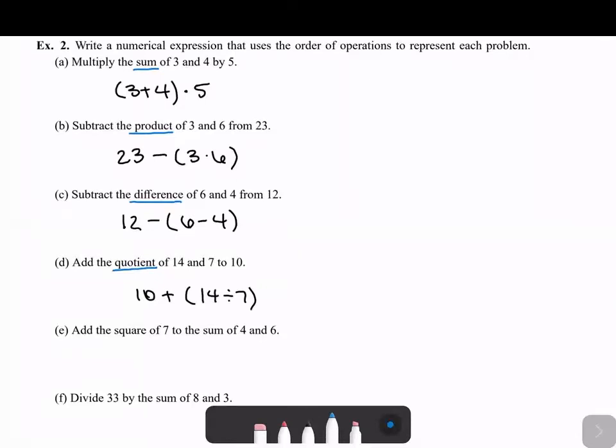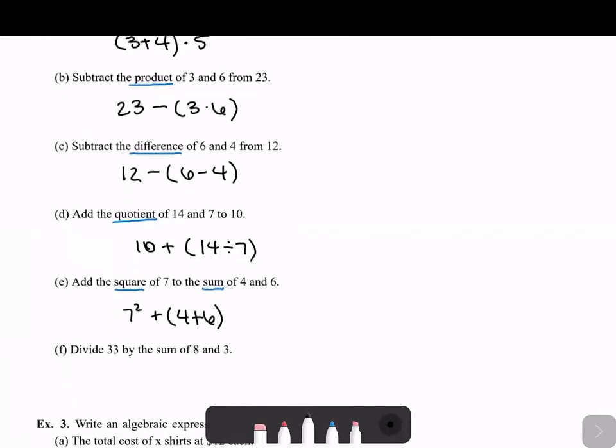So we can identify the words that tell us what operations to do first. So we're squaring 7, which is the product of 7 and 7, and the sum of 4 and 6. So we take the square of 7, and then we add it to the sum of 4 and 6. Okay?